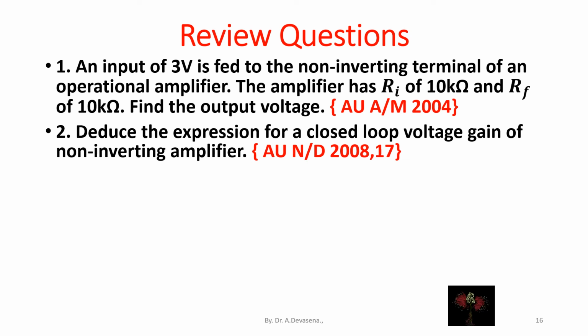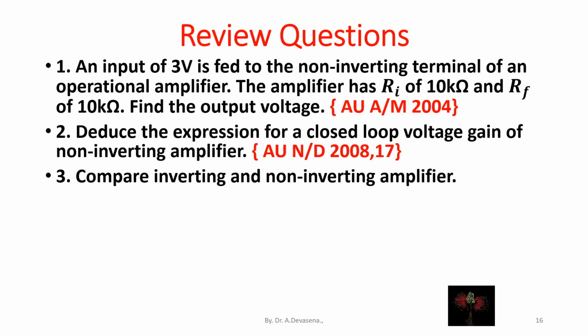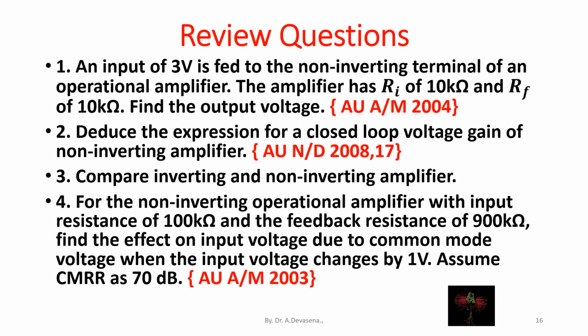Second question. Deduce the expression for the closed loop voltage gain of a non-inverting amplifier. This question was asked in Anna University, November-December 2008 and 17. Question number 3. Compare inverting and non-inverting amplifier. Question number 4.